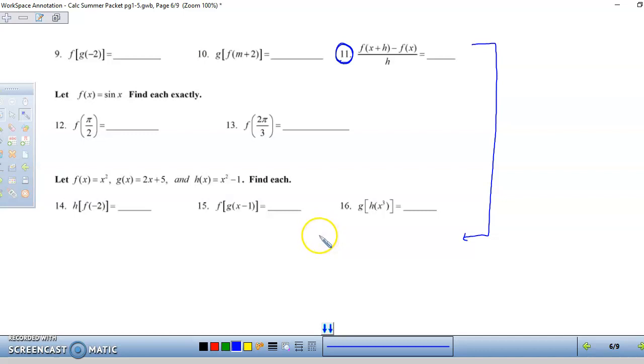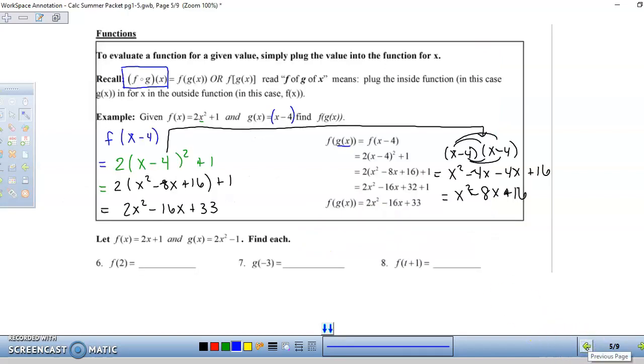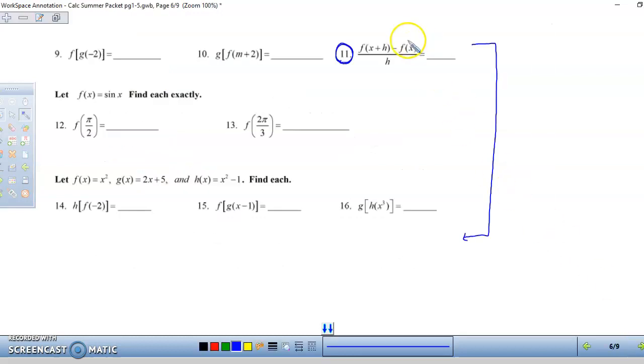All right, so f of x plus h minus f of x over h. Now, my original expressions here are up a page, but you can see them just fine. But I have f of x is 2x plus 1. And that's all I need for this one.